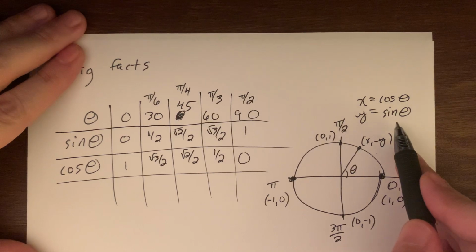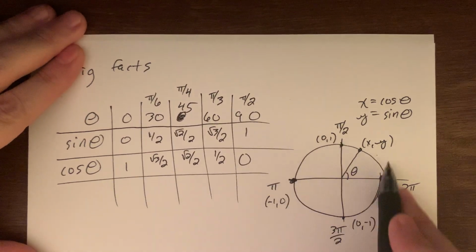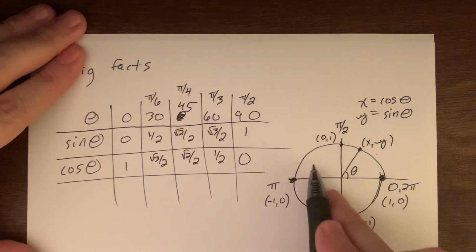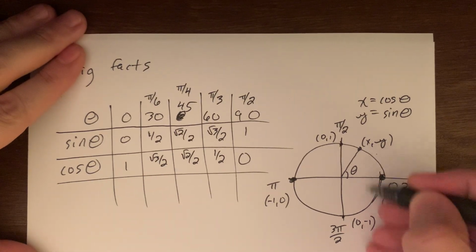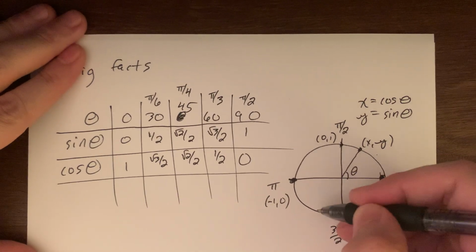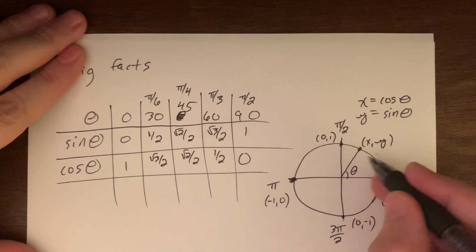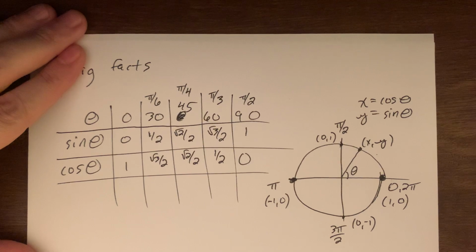Or if you're talking about sine and you're up here, well, any y value up here is positive, therefore sine is positive in quadrants 1 and 2. So that's one way. X connects to cosine, x is positive over here, therefore cosine is positive, x is negative over here, therefore cosine is negative, and similar with sine, but sine would be positive up here in 1 and 2, and would be negative down here in 3 and 4.